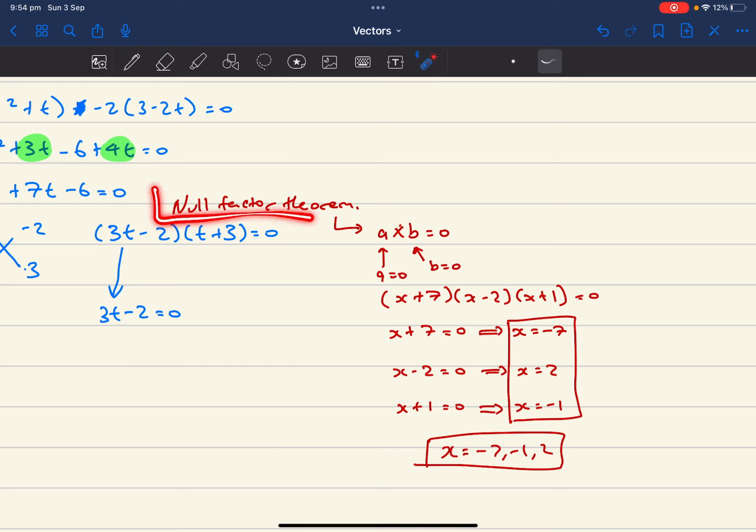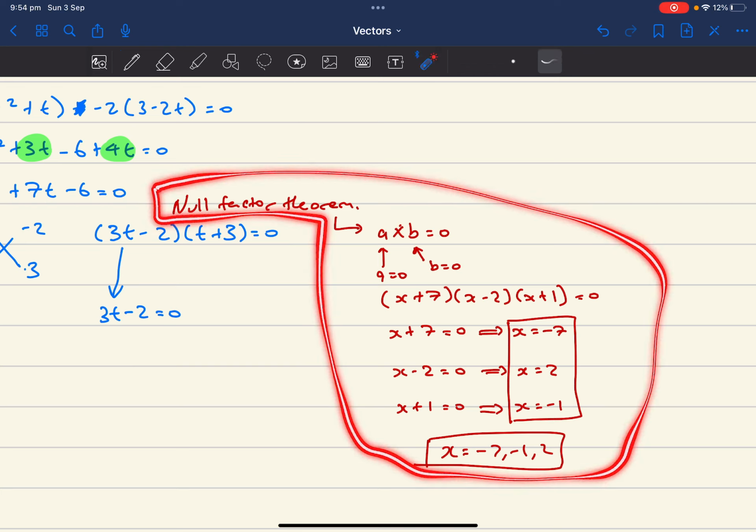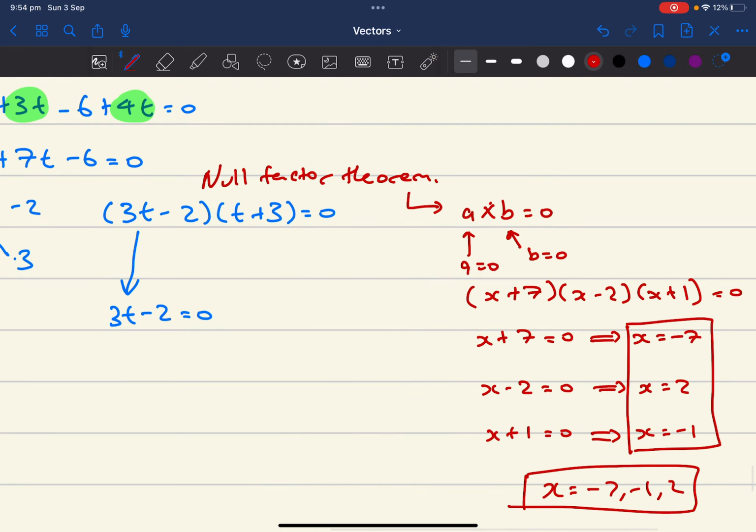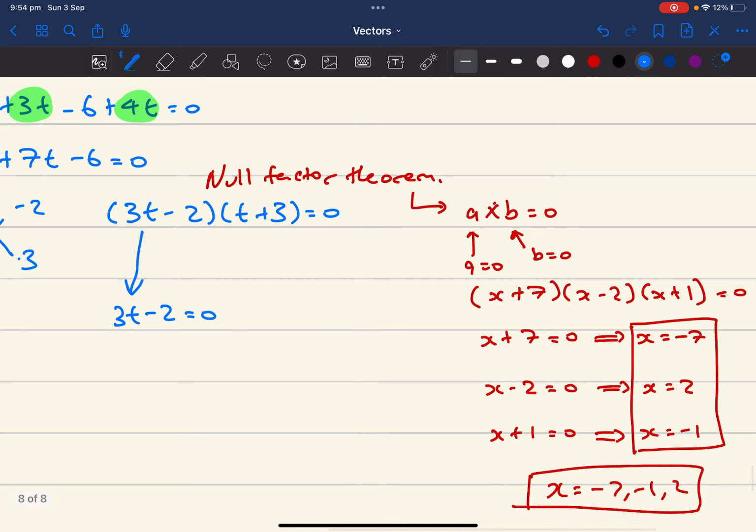So now with this knowledge in mind, null factor theorem, which is kind of previous knowledge, right? We can do this. So you have 3t minus 2 is 0, and you also have, from this one, t plus 3 equals 0, right? So for this one, if I move the negative 2 over, you get 3t equals 2.